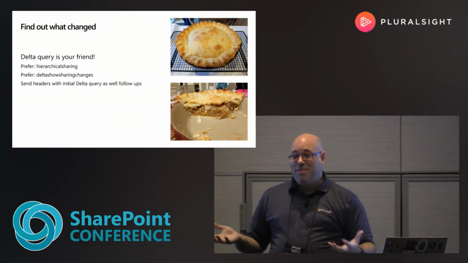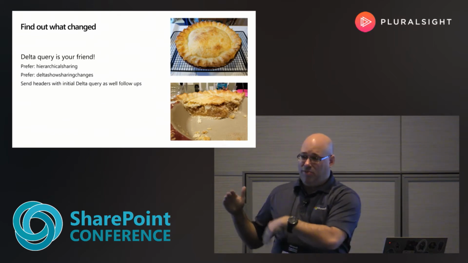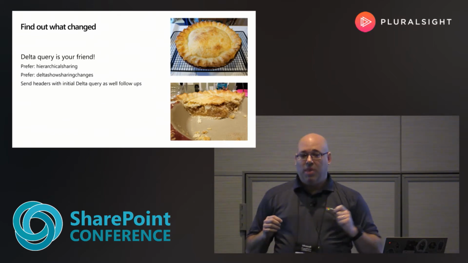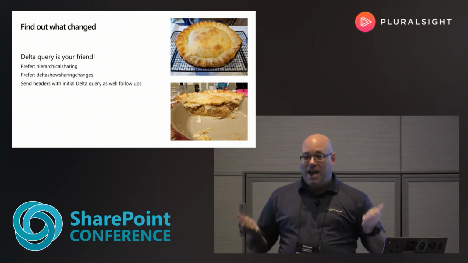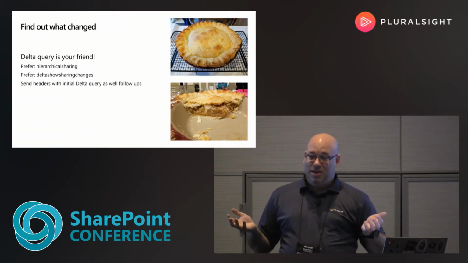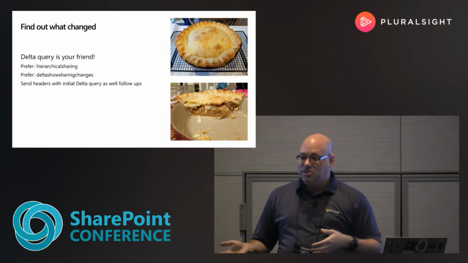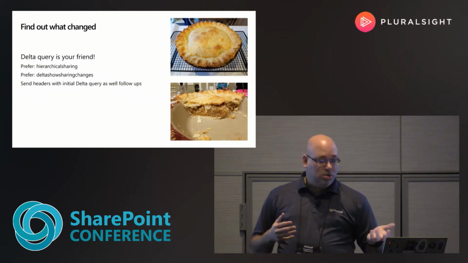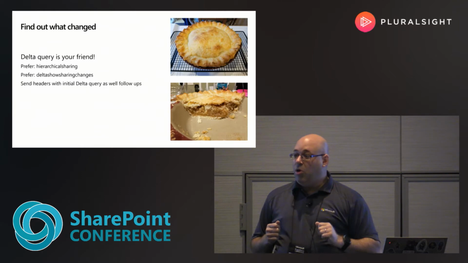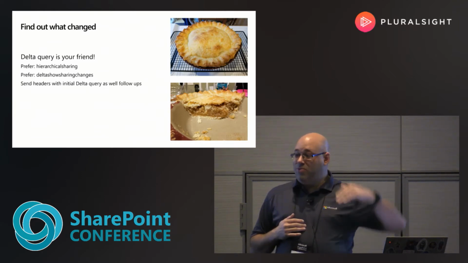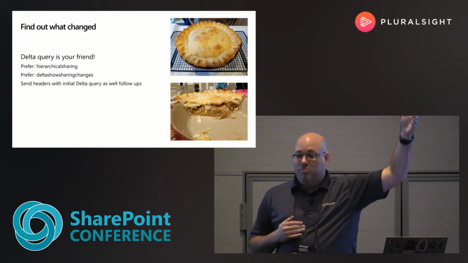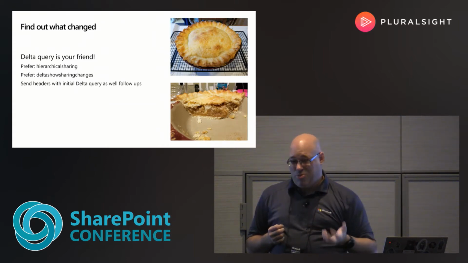But in many, many cases, you don't have item level permissions that you need to track. And if you don't understand what that hierarchy looks like, you end up having to ask for everything's permissions because we return them to you, and that gets costly. So this hierarchical sharing value will only return you permissions nodes on ones that are unique. So if that appears, you can query for an item's permissions, and if not, you're probably safe to ignore it.